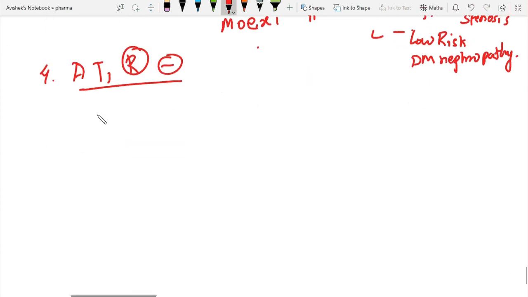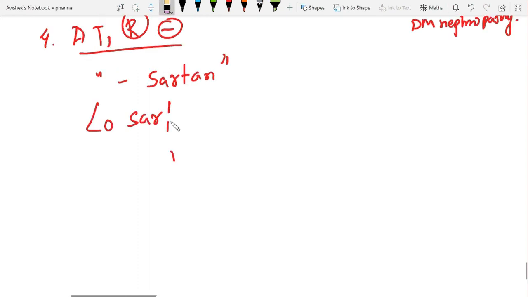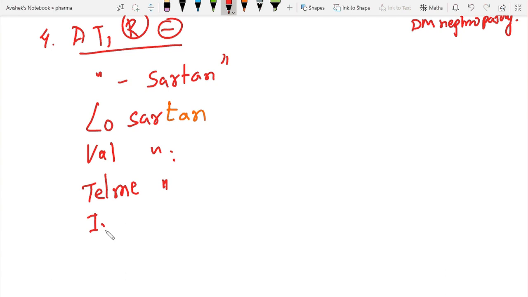Angiotensin receptor blockers end with sartan: losartan, valsartan, telmisartan, irbesartan, eprosartan, and candesartan.